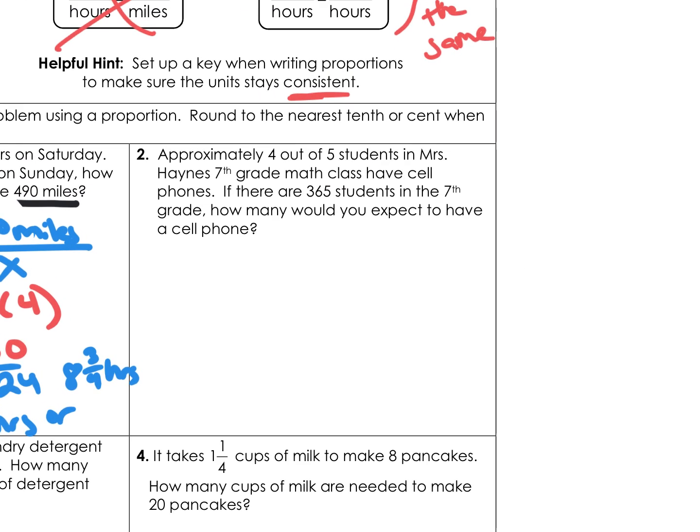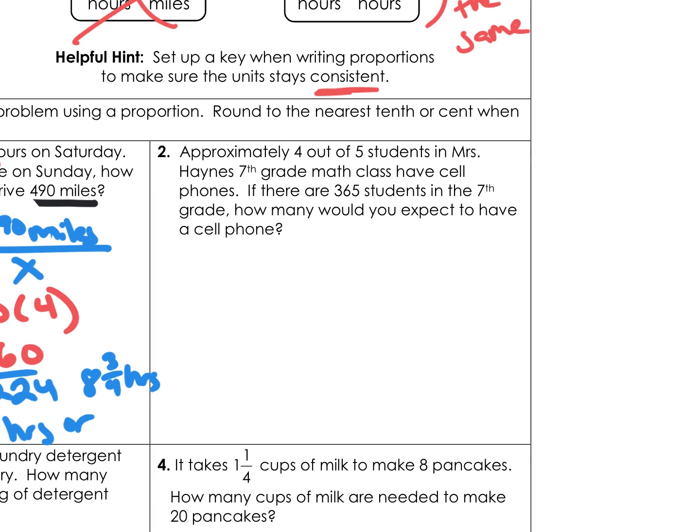All right, so let's look at number 2. Approximately 4 out of 5 students in Mrs. Haynes' 7th grade math class have cell phones. If there are 365 students in the 7th grade, how many would you expect to have cell phones? So I want you to pause the video and set up your proportion first, and then check to see how you do. So we know 4 out of 5 students in her class have cell phones.